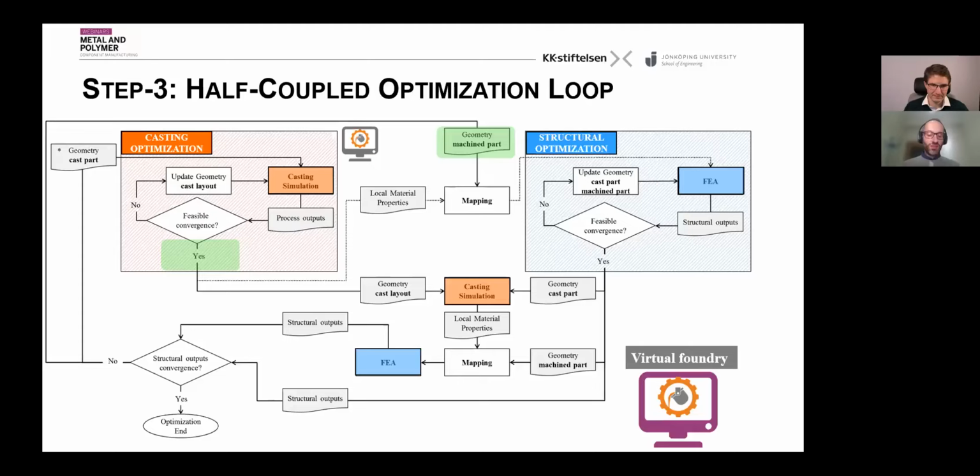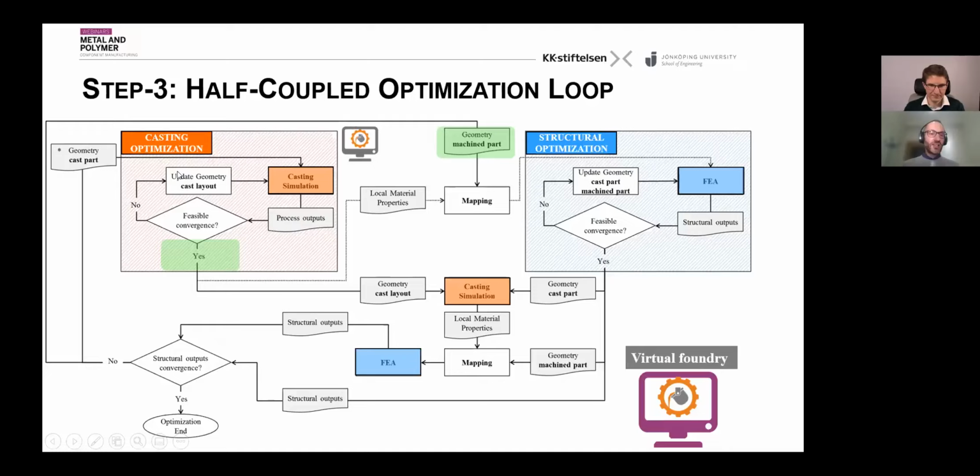If someone will be able in the future to put the two optimizations together, this means that both the casting variables and casting output and the structural variables and structural output will drive the optimization algorithm together. In that case, we have two different optimization algorithms that are put together in this area.